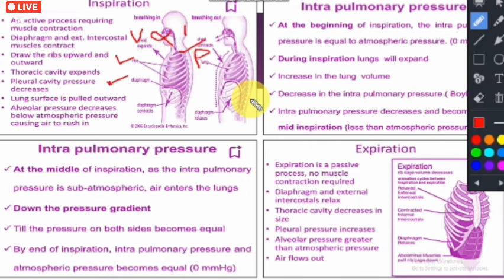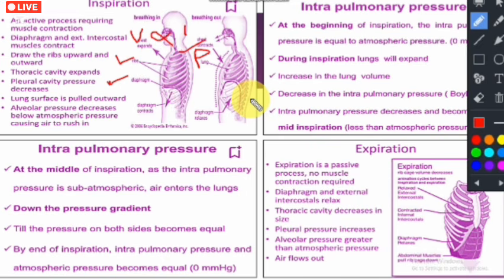What is the value for transthoracic pressure? -4. Okay. Would that pressure increase or decrease during inspiration? We are looking at inspiration. It will decrease. So the transthoracic pressure that is initially -4 will decrease further.